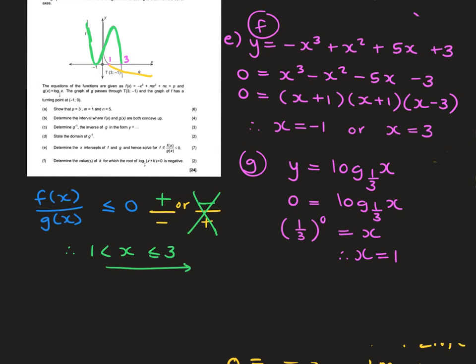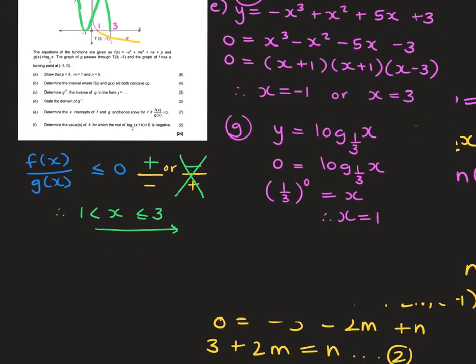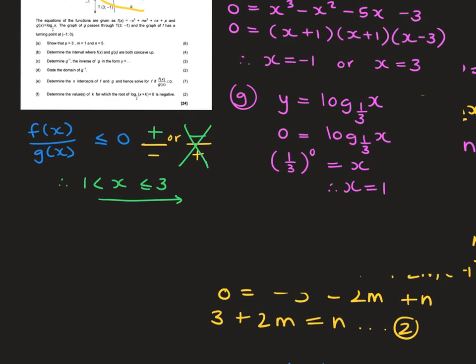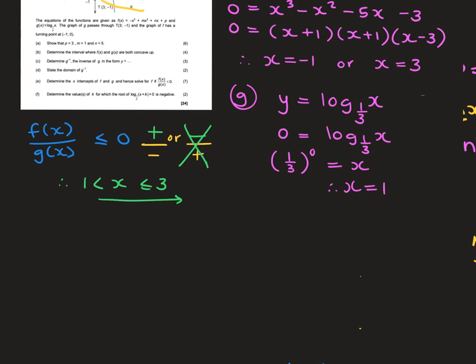Determine the values of k for which the root of the log graph is negative. I'm sure that you've realized something now as we've been exploring and working with logs, as we're looking at the asymptotes switching from the exponential to a log. You should have been picking up something that was happening.